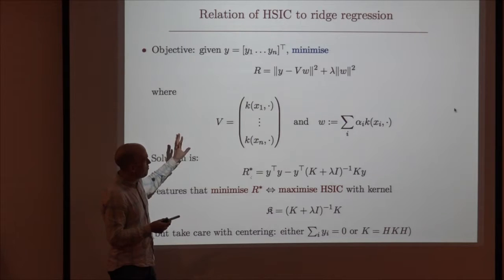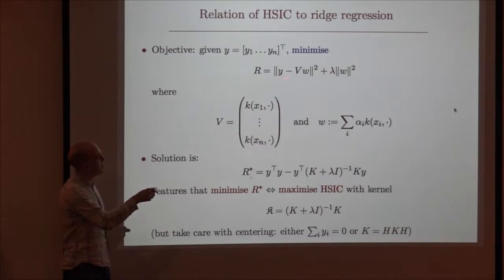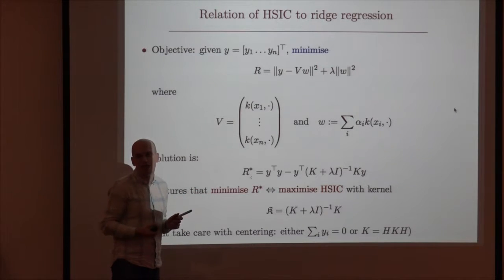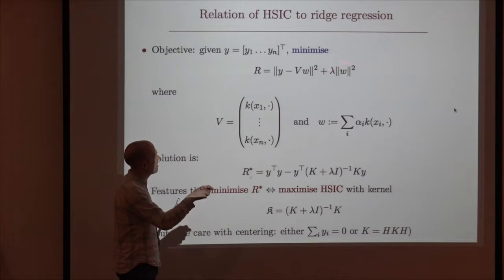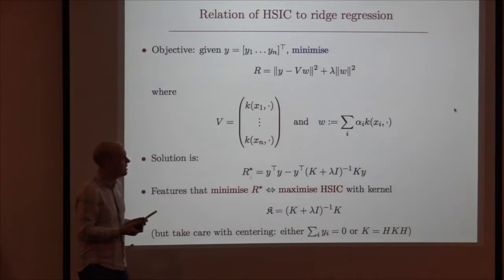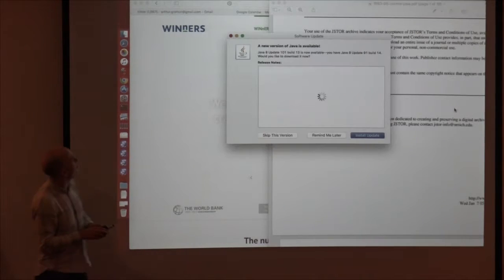This is our ridge regression objective. We want to minimize the squared error in predicting y from V, which contains our feature maps of our inputs. And we've got the smoothness constraint on our function w, which maps from our inputs to our outputs. Okay. The solution. Oops, what's that all about?